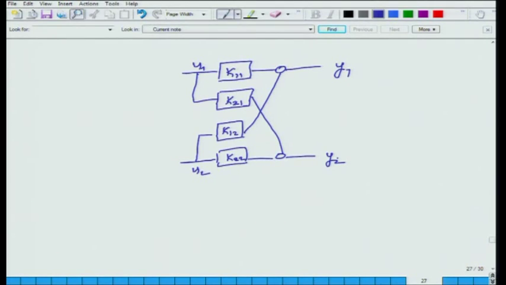So, let us say everything is at set point. Set point is 0. So, y1 is at 0, y2 is at 0, u1 is at 0, u2 is at 0. Everything is at set point, at steady state. I am where I want to be. Now, let us say a disturbance comes in, and let us say the magnitude of this disturbance is 1 and everything is getting added up.